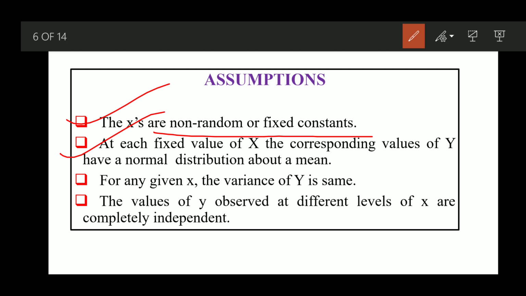Next, at each fixed value of x, the corresponding values of y, the dependent variable, have a normal distribution about a mean.